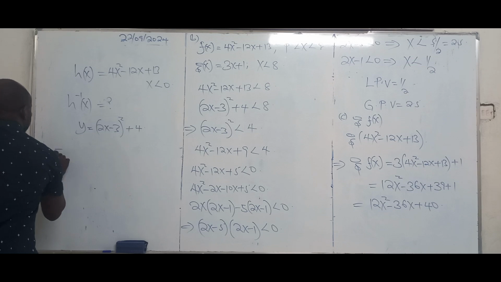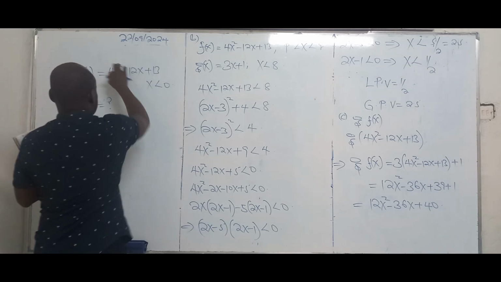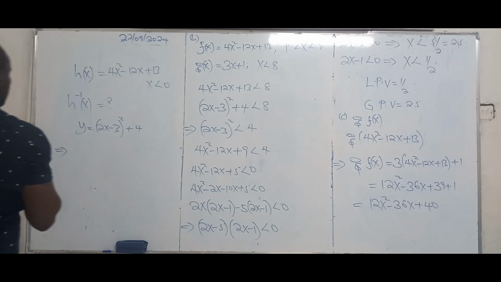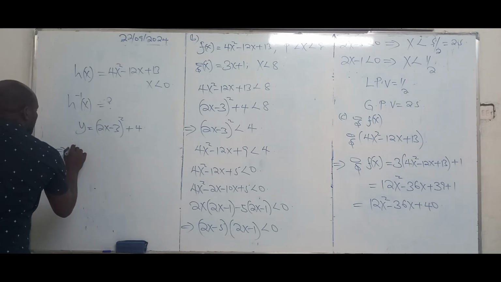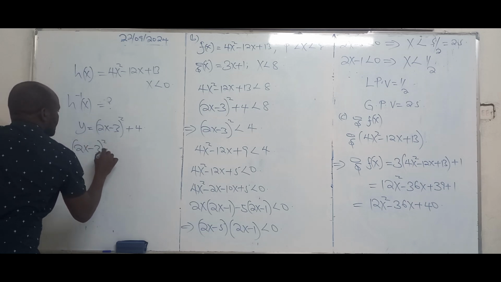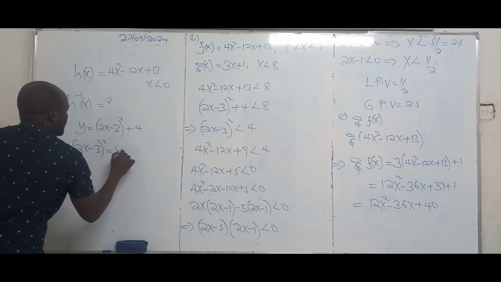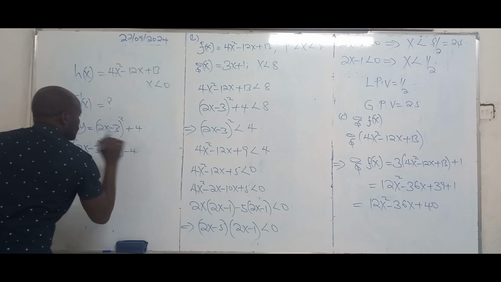This should imply that 2x minus 3 squared is equal to y minus 4.